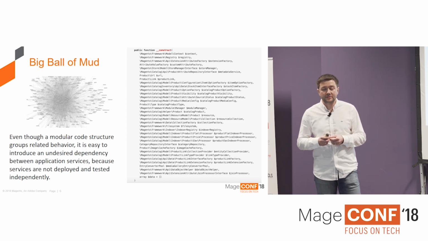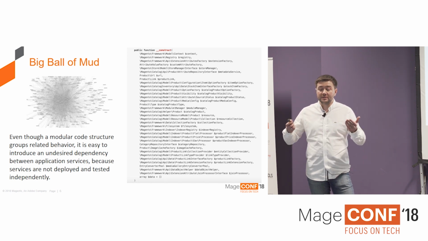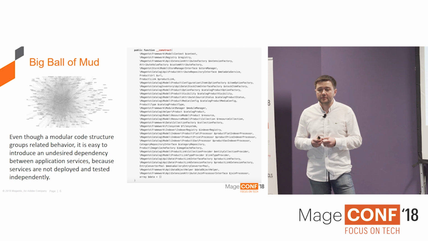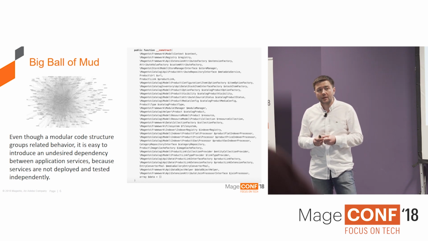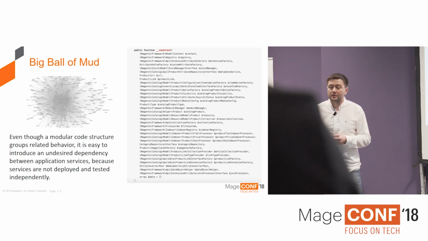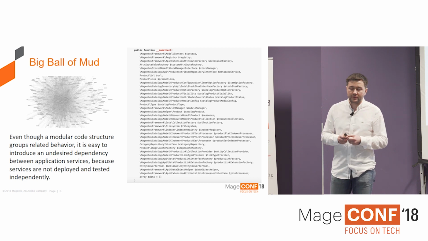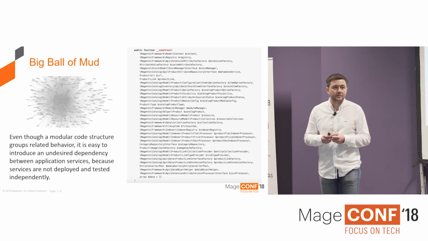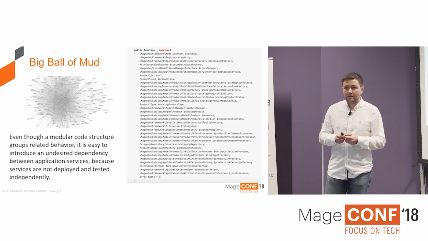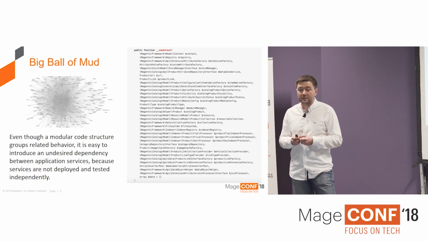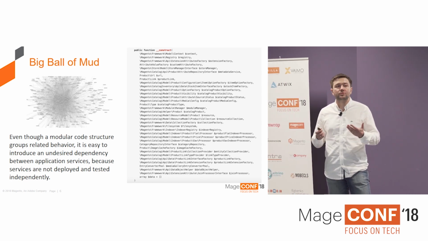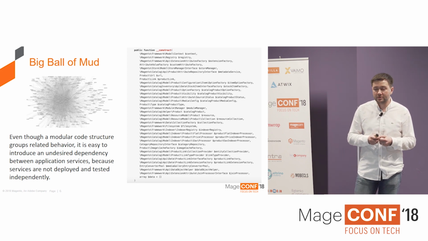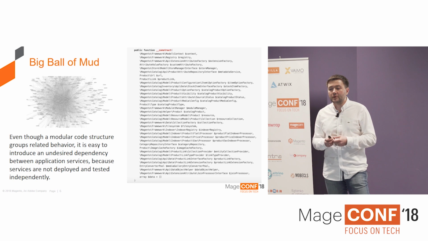When we introduced dependency injection to classes, we saw that, for example, here you see the constructor of one of the models, and even by this constructor it became pretty evident that this particular class violates the single responsibility principle, because in a desirable condition, no class should get so many external dependencies. So just introducing dependency injection gave us a clear understanding that we have some problems in our architecture.